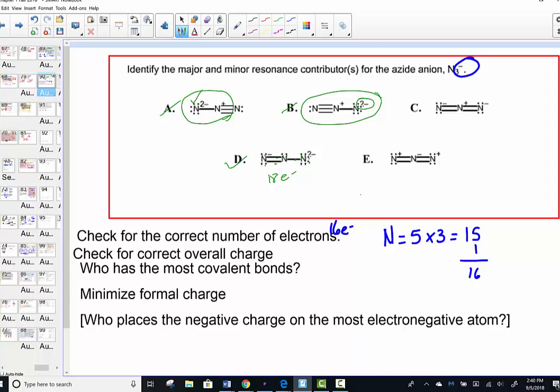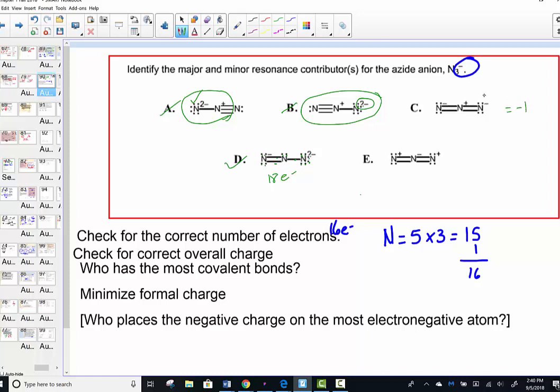Now here's what I like with C and E. I haven't checked much else yet, but I like the magnitude of the formal charge. Plus, you know what I'm noticing right off here? -1 plus 1 is 0, and I'm back to -1.